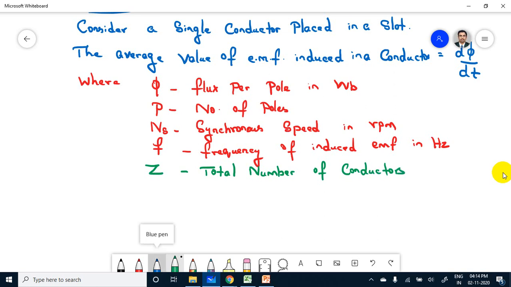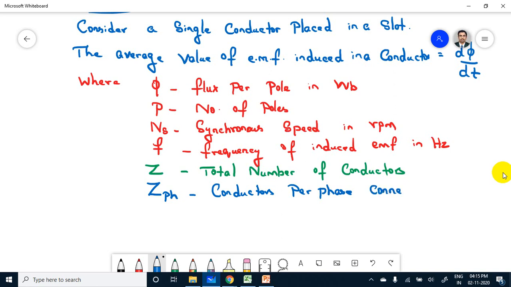And one more notation, Z phase, where Z phase is the conductors per phase connected in series, because we are giving a 3-phase line, so for every phase there will be conductors connected in series.